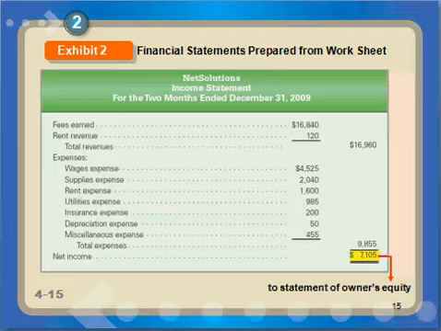And when we subtract that from the revenues of $16,960, we see that Net Solutions had a net income of $7,105. And we know that that net income would be transferred to the statement of owner's equity, and that would be the next statement that we would compute.